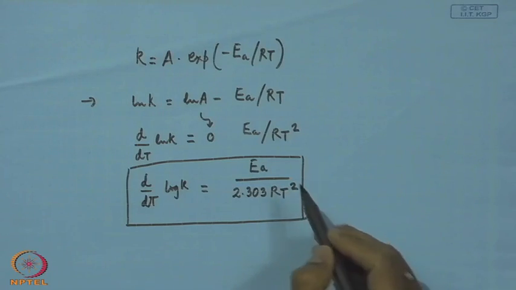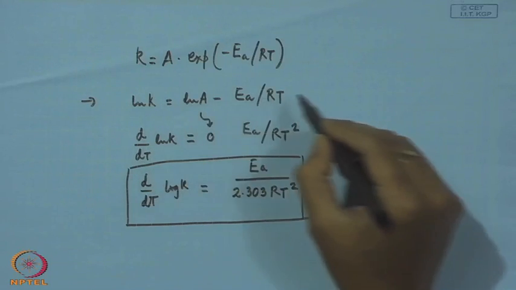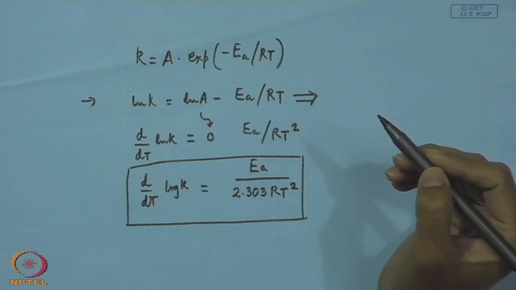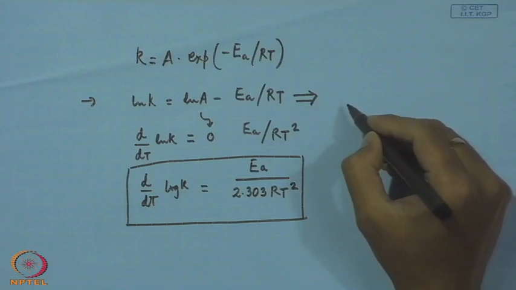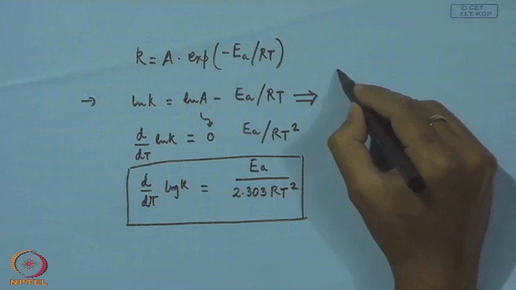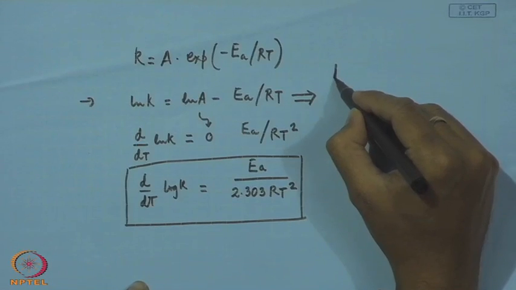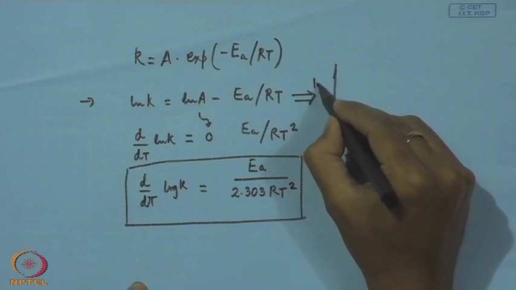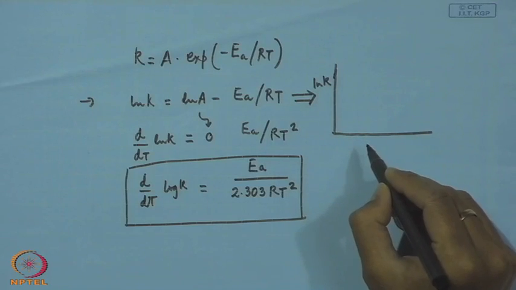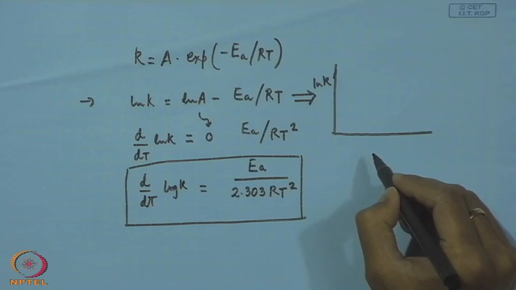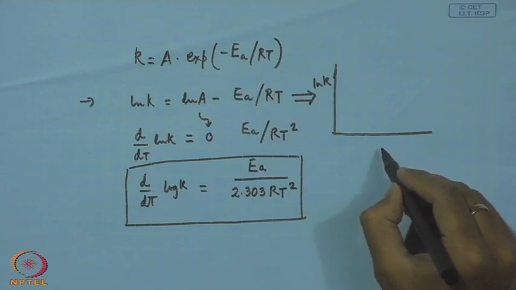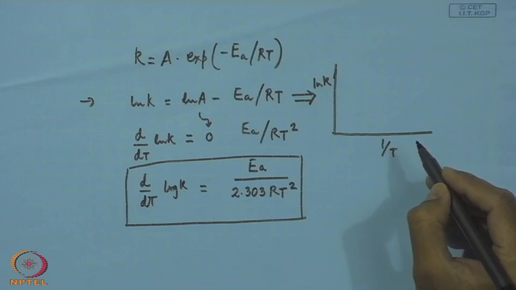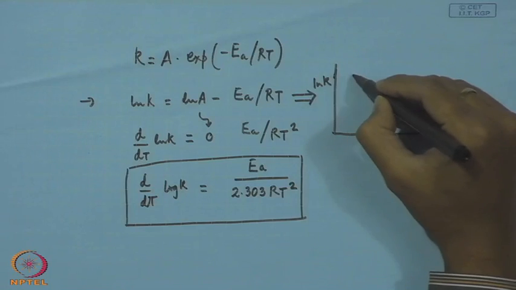So, this is one expression that relates log k with temperature. Now, if we have a plot for this, either log k or ln k as a function of 1 by T, because log k only has a factor of 2.303, so ln k versus 1 upon T, it will be a straight line like this.